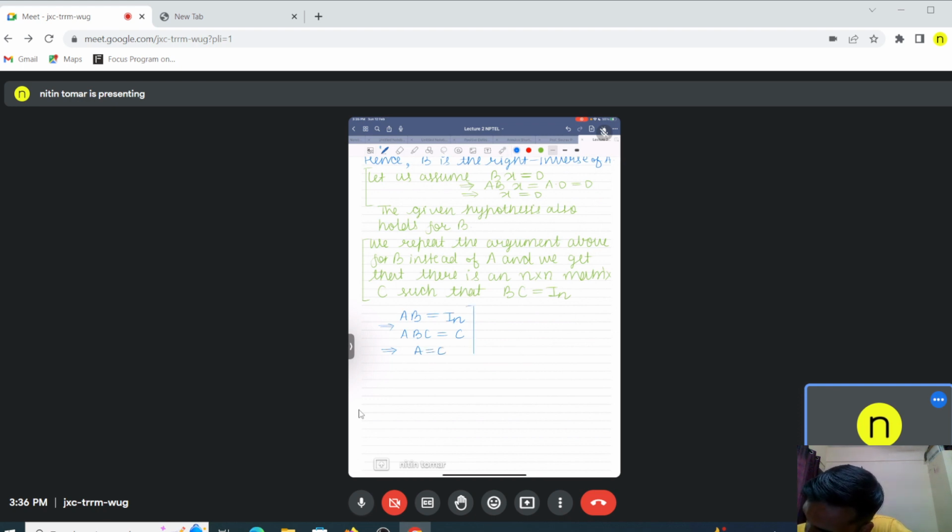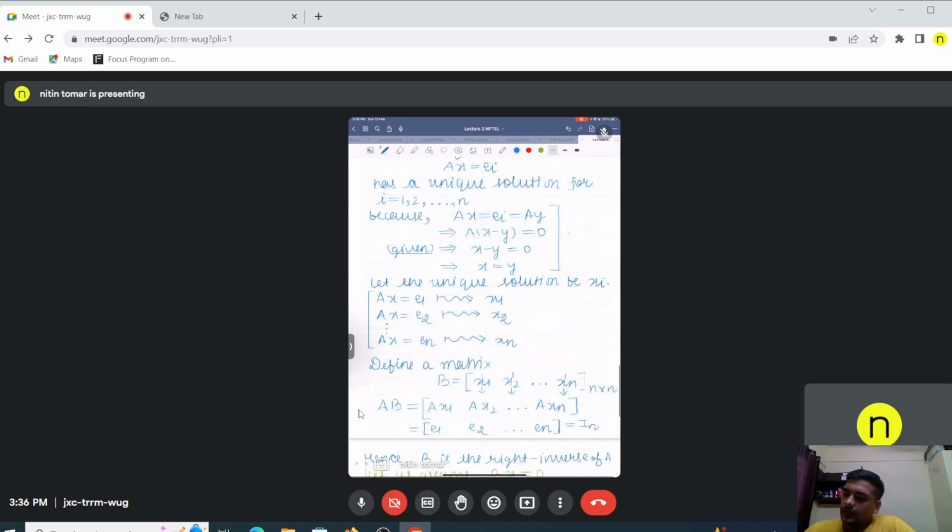So actually, not only AB is identity, BC was also identity, but C is A, so BA is also identity. Correct? Then AB is equal to BA is equal to I, and we are done. Hence A is invertible. I hope this is clear.